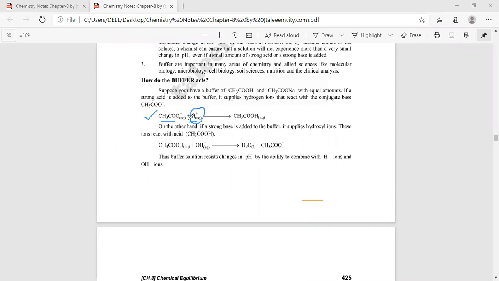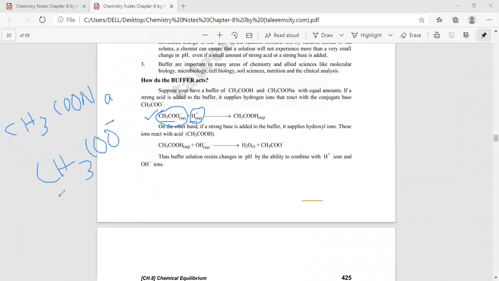The buffer solution has acetate ion, because CH3COO sodium acetate, when it dissociates, produces acetate ion and sodium ions.